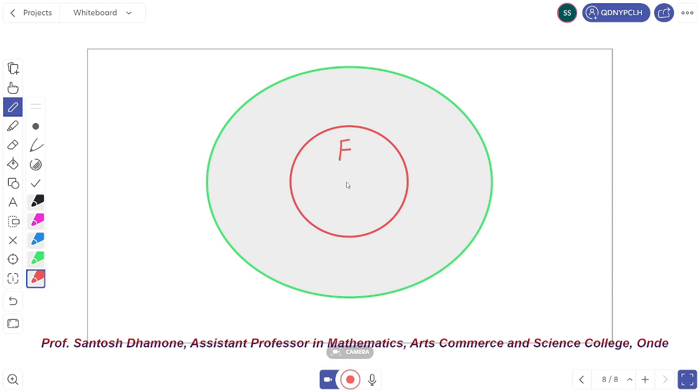Therefore the complement of F is equal to the set of ordered pairs xy belonging to R2 such that x square plus y square is greater than 1, because the complement of F contains all points outside this circle.